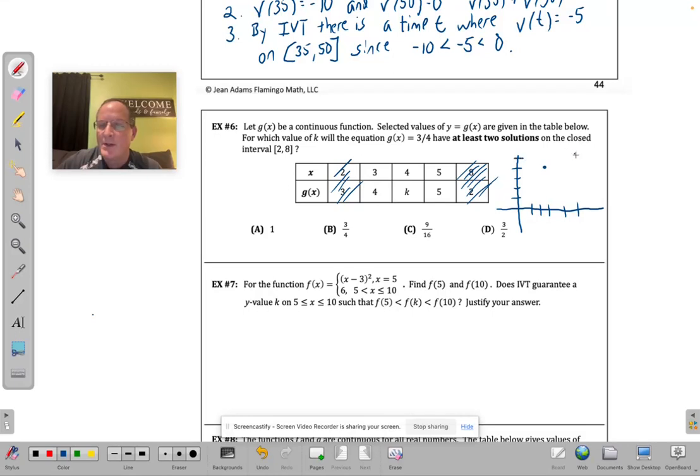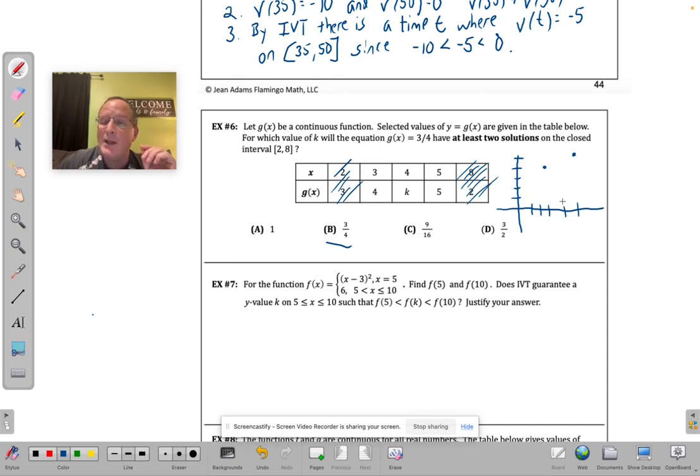The only way, looking at answer B right now, if it came down and hit 3/4 at this moment, I'm not guaranteed that it would have done that twice. It could dip below, hit that, do some stuff, and come back, but we don't know that.